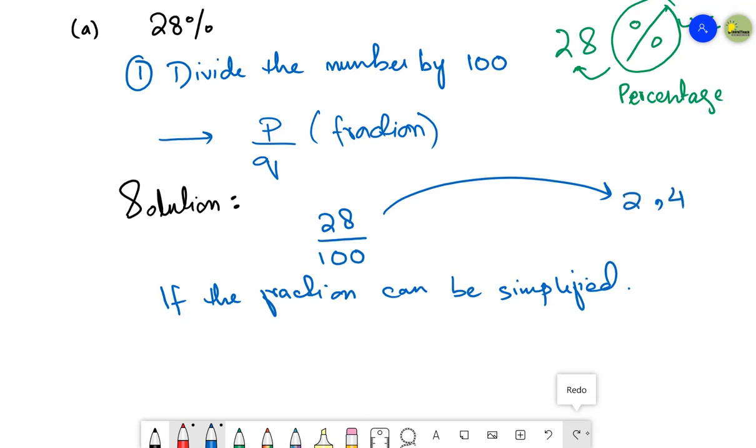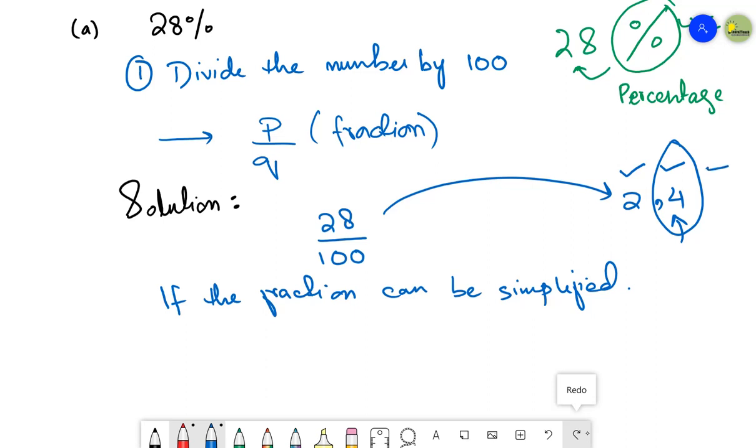Whenever you have two numbers to cancel a fraction, keep in mind that you are going to cancel with the highest one. I have 2 and 4, both can cancel 28 upon 100, so I will take 4 and cancel 28 upon 100 by 4.